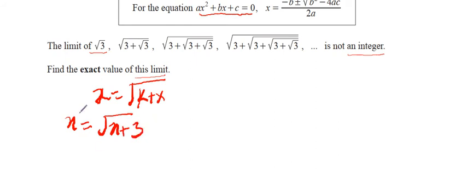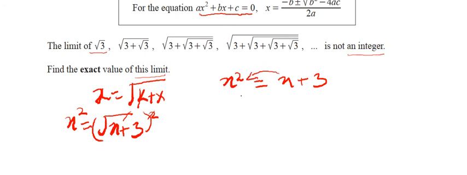Now if we take a square on both sides, so square will cancel out square root, we got an equation that is x squared is equal to x plus 3. Now if I bring x and 3 to the left hand side, then I get x squared minus x minus 3 is equal to 0.